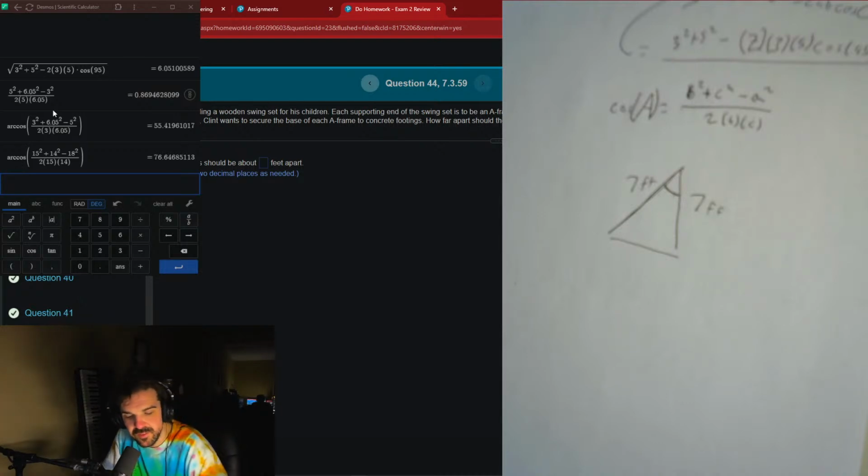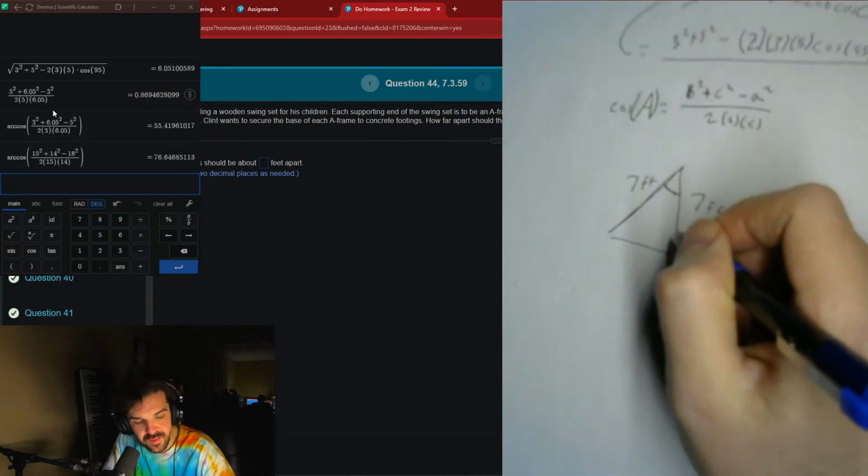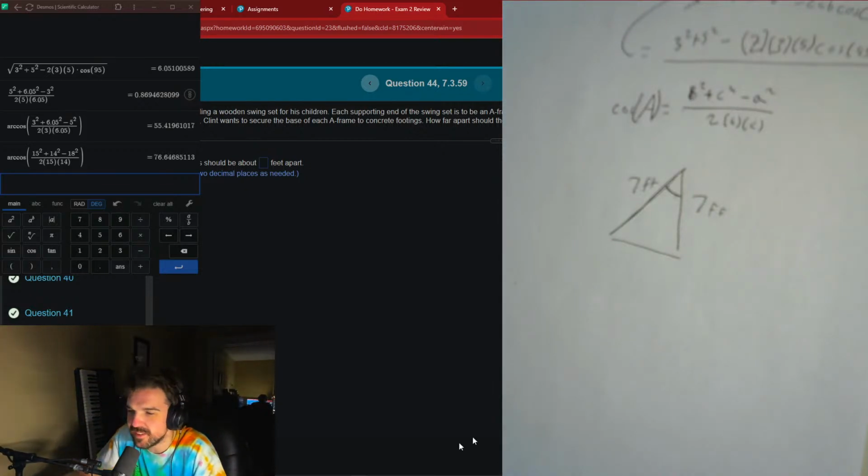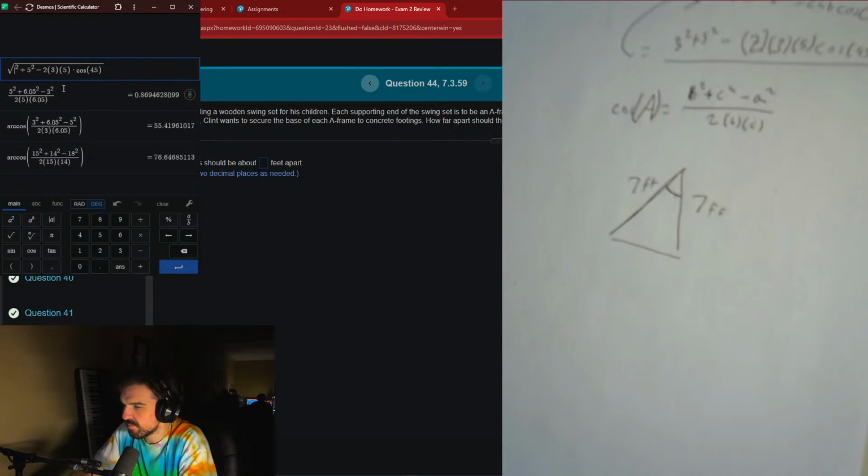Oh, this is the one where you divide this in half, right? No. We're just gonna start plugging stuff in, dude. See what happens. Using the first law of sines for this.